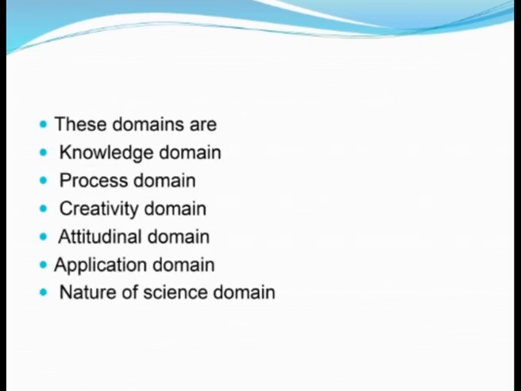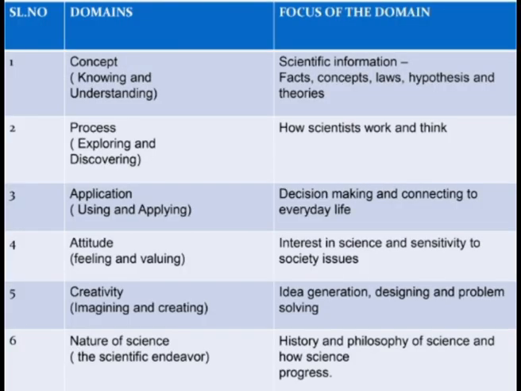These domains are knowledge domain, process domain, creativity domain, attitudinal domain, application domain, nature of science domain. Next, we could see the domains and their focus. Concept domain is the scientific information, which includes facts, concepts, laws, hypotheses, and theories.